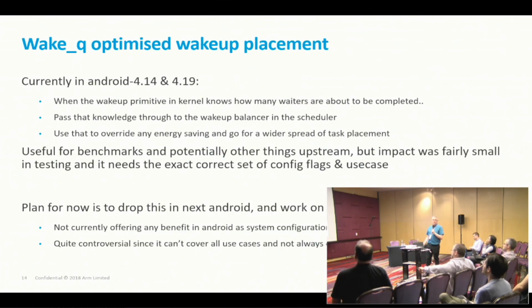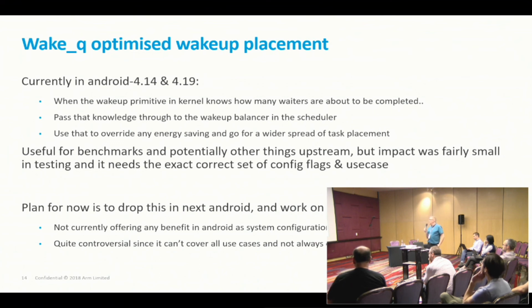And then the last thing that we have is this wake queue optimized wake up placement. It's in Android 4.14, it's in Android 4.19, it was in Android 4.9. So it's been around for a while.